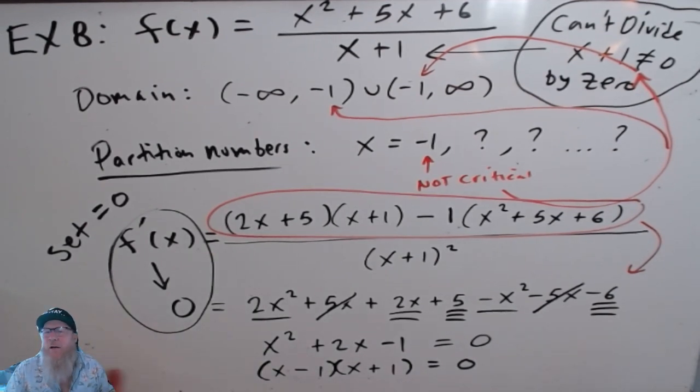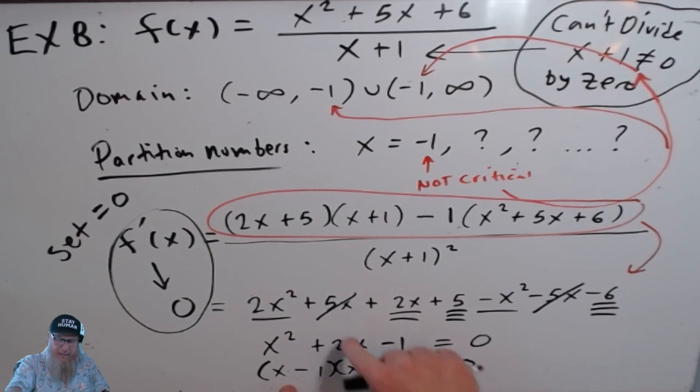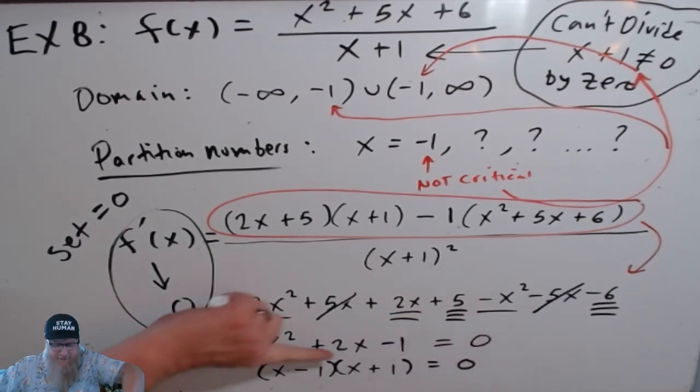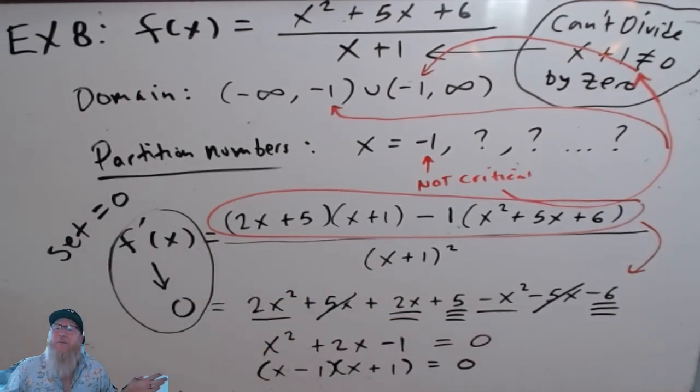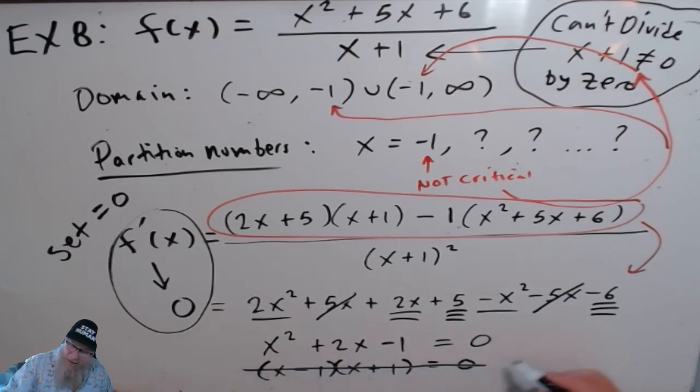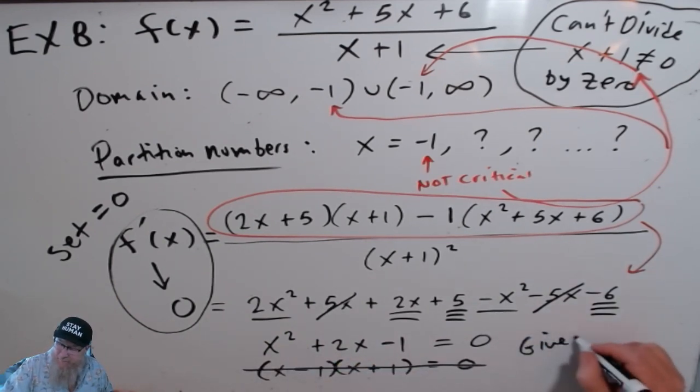Well, that's not going to work either. Why not? Well, because if one of them's negative and one of them's positive, then the middle terms would cancel out and you wouldn't have this 2x in the middle. So I'm giving up. It's not factorable.